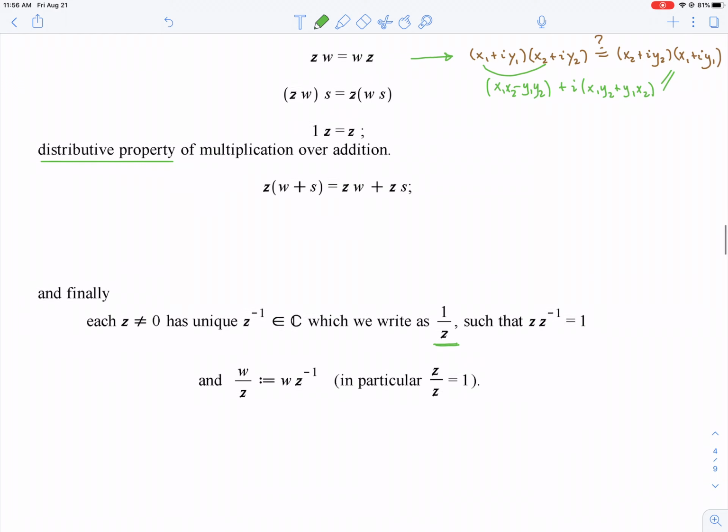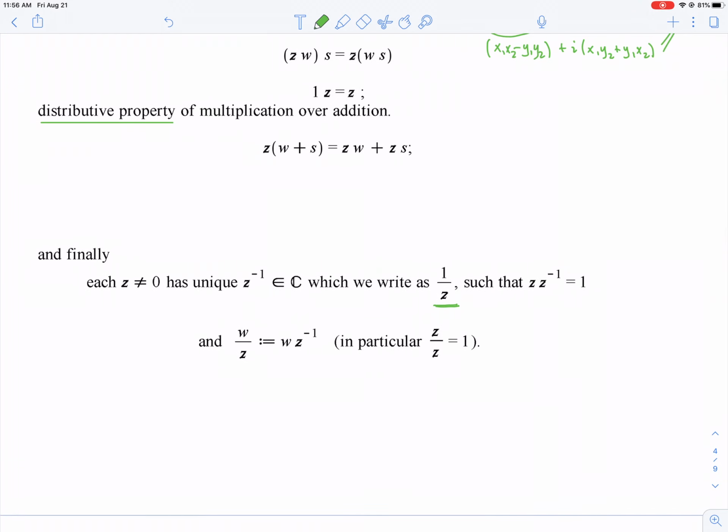And then, therefore, also you can compute quotients of complex numbers. w over z just means w times the multiplicative inverse of z, and in particular, z over z is just z times z inverse, which is 1.